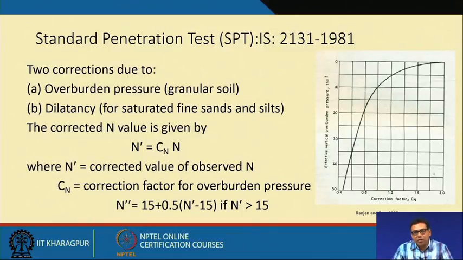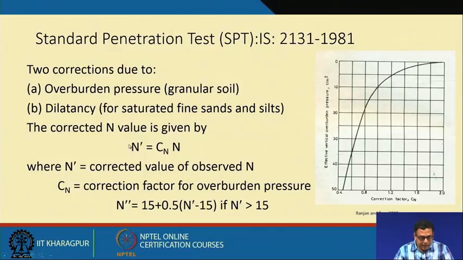That is why we have to apply a correction factor. After applying this correction factor, the measured N value at the shallow depth will increase, so the corrected N value at the shallow depth is greater than the measured N value, and at the higher depth the corrected N value is less than the measured N value.